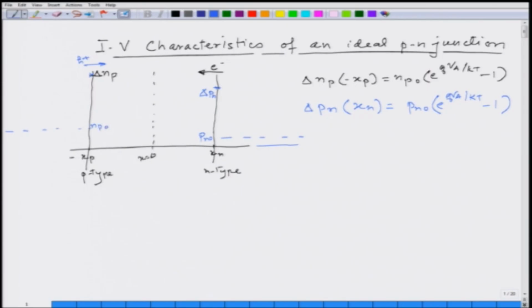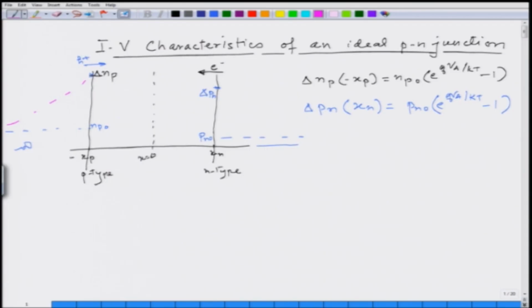So, the injected electrons in the p side at the edge have this concentration, and far from the edge at point minus infinity it has to come down here. So, I am drawing some line here, and we have to still figure out what this expression is going to be.